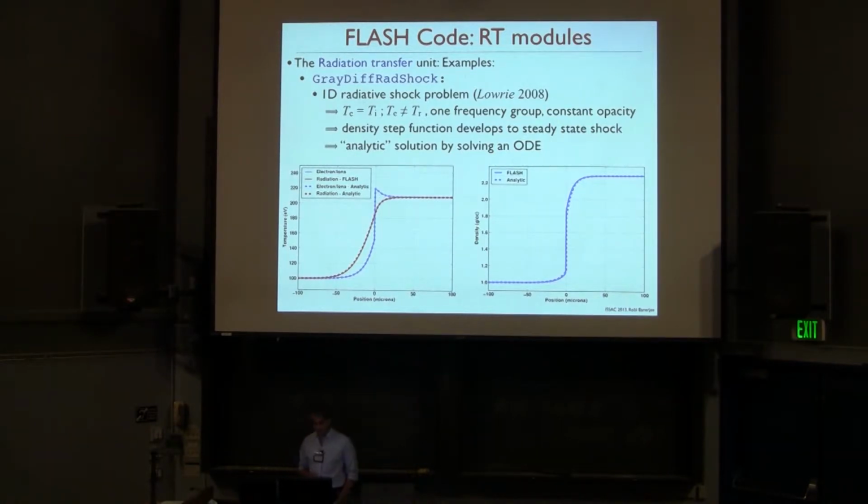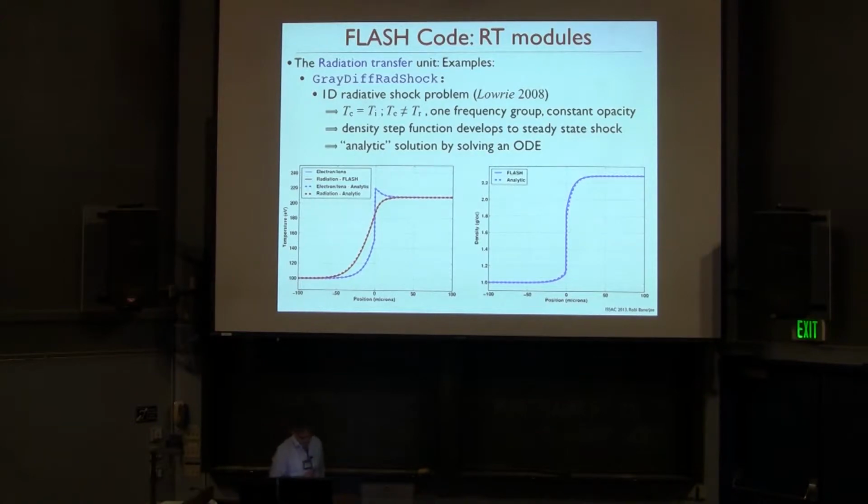Yeah, this is an example here, actually straight copied from the Flash users guide. I haven't run this so far. It's the simplest case you can imagine, namely a gray radiation shock problem. Gray meaning you're going away again from your multi-group scheme and just use a single frequency.